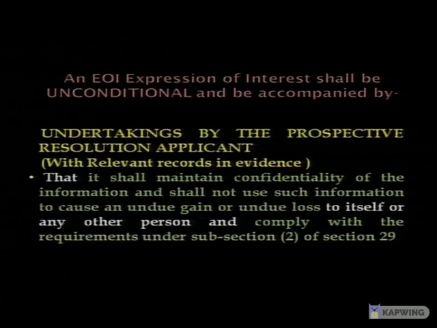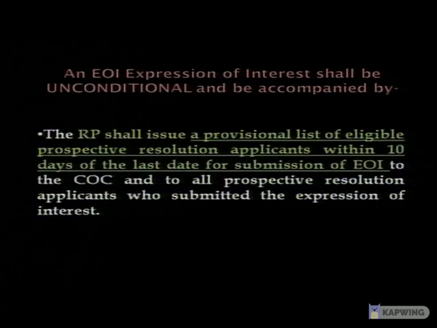Now also, when an EOI is given, the prospective resolution applicants have to give undertakings that they will maintain the confidentiality of the information and not use that information for cause or for undue gain or undue loss, and at all times comply with the requirements of Section 29, subsection 2.